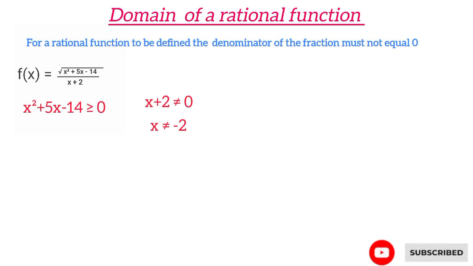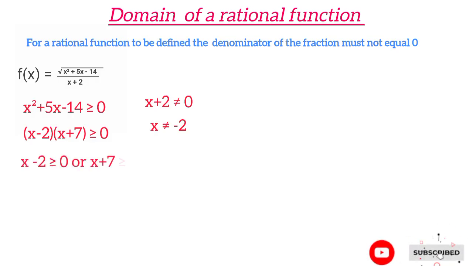Factorizing the expression here, we have x minus 2 times x plus 7 is greater than or equal to 0. This becomes x minus 2 is greater than or equal to 0, or x plus 7 is greater than or equal to 0.